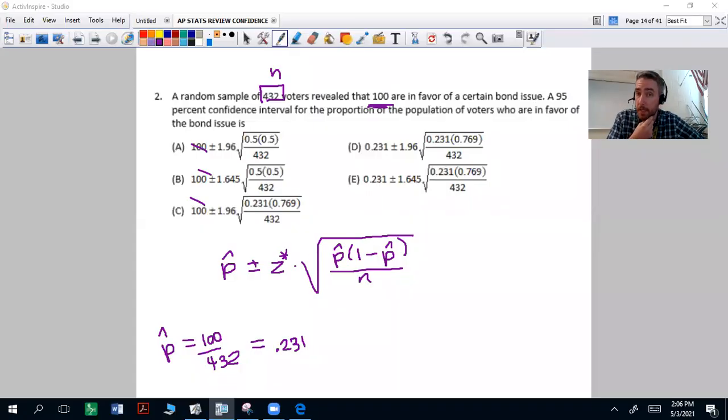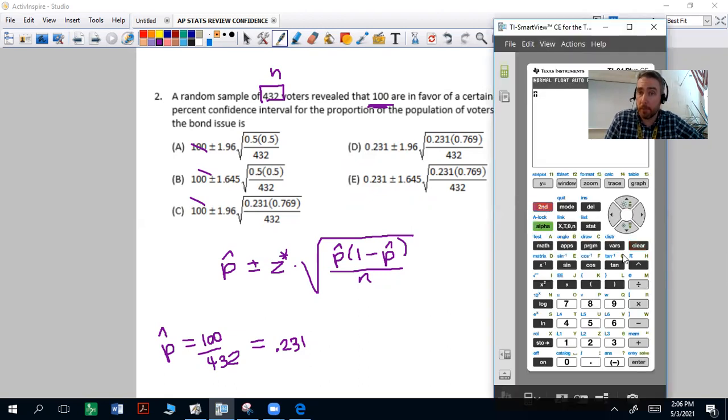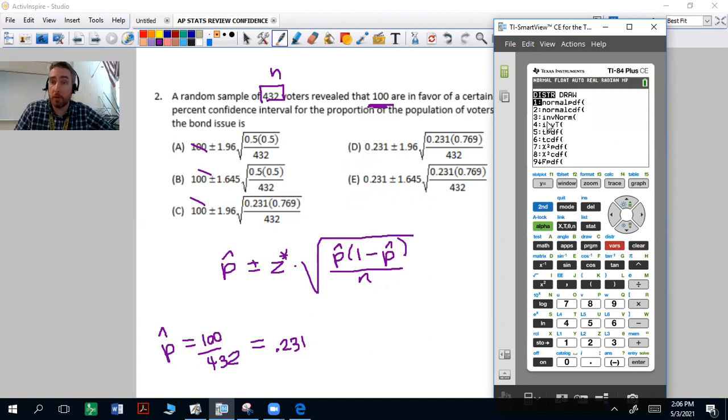There are two ways you can get the critical value, the z star. The way that I like to do it is use the calculator. I will use inverse norm because normal curves go with z-scores, not t. That's t intervals for inverse t. So inverse norm, which is 3, and I'm going to take my area and average that with 1.